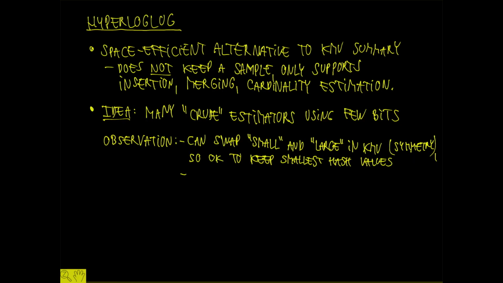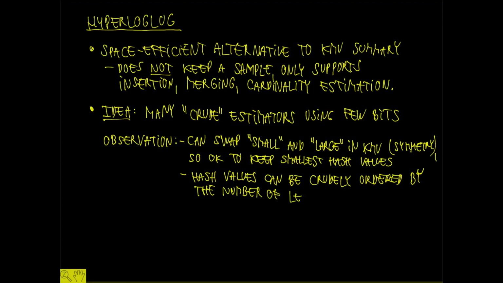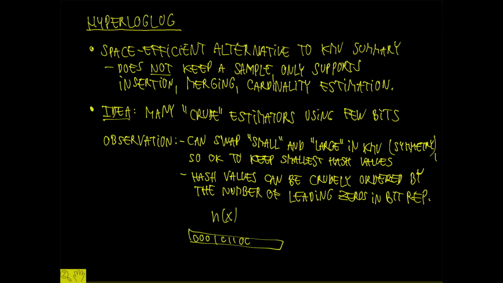An observation we can make is that we can crudely order hash values by the number of leading zeros in the bit representation of the hash values. So, for example, here h(x) has 3 leading zeros, and we'll denote this number of leading zeros as zeros of h(x).